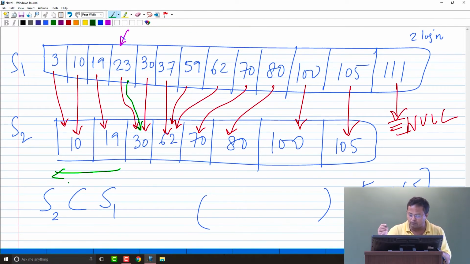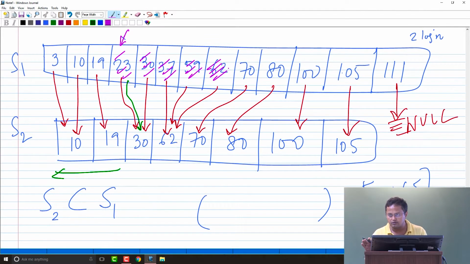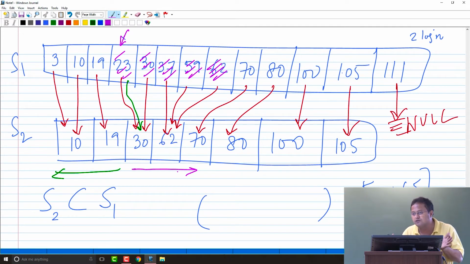So, in logarithmic time, this log n plus k time, I have been able to figure out that these are the numbers, right. So, now whenever I come here, it is just about walking on this list, no searches on this list.